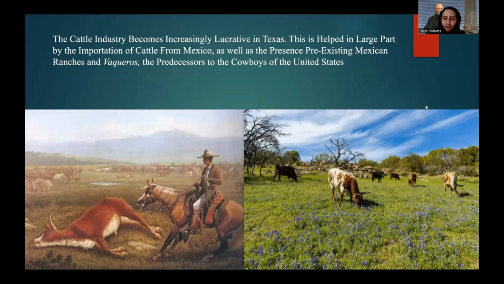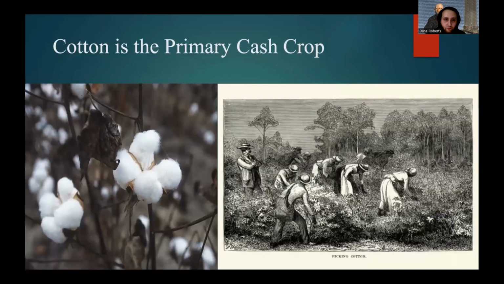That being said, in Texas, the cattle industry was becoming increasingly lucrative, which was helped in large part by the importation of cattle from Mexico, as well as the presence of pre-existing Mexican ranches and vaqueros, the predecessors to the American cowboys, or the cowboys of the United States.